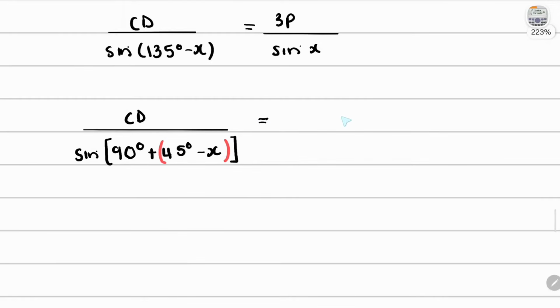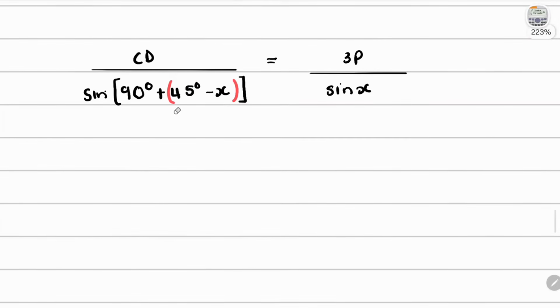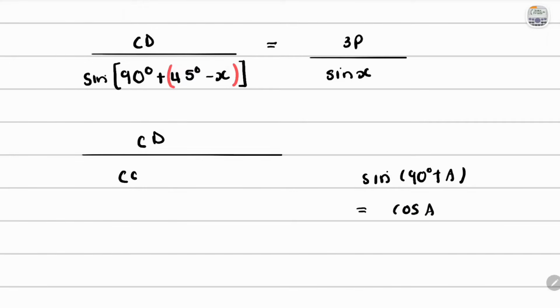This is equal to 3p over sine x. If you have sine of 90 degrees plus an angle, the identity gives cos of that same angle. So this becomes cos of 45 degrees minus x.